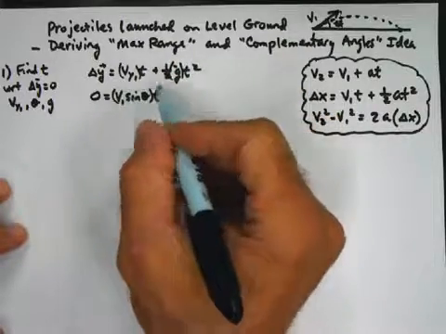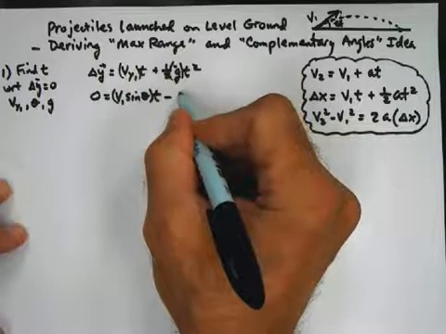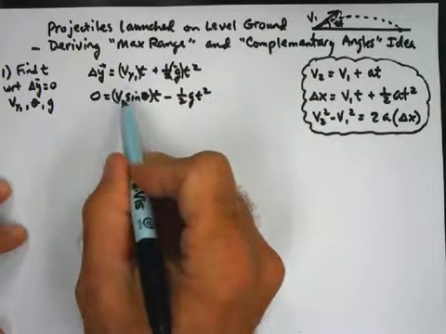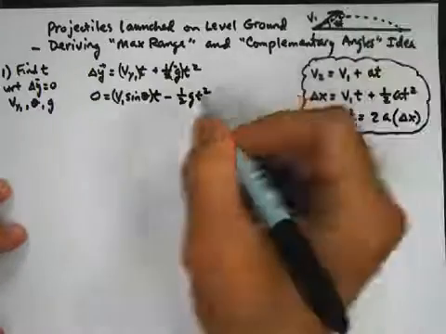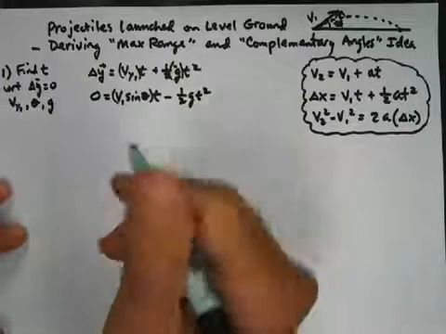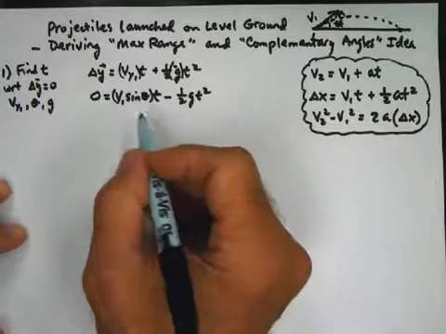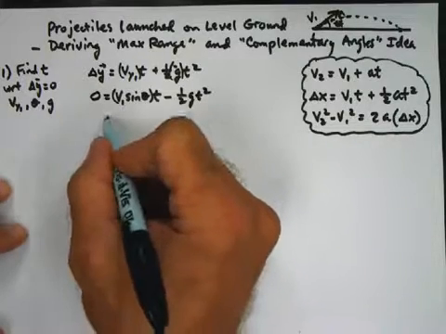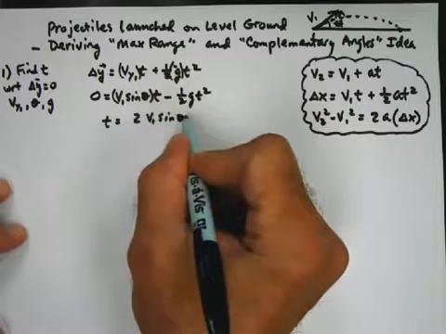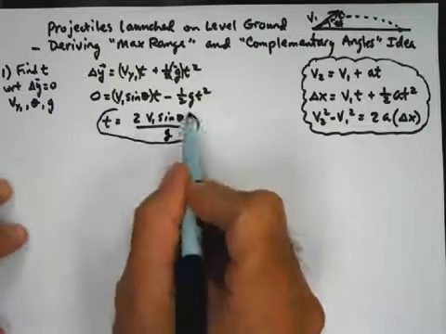V1 was positive here, so I'm going to make this minus 1/2 g t squared. Since the upward component is positive, then g must be negative. Okay, if I simplify, I can divide both sides by t, and we end up with t equal to 2 times V1 sine theta over g. We'll keep that result and use it later.